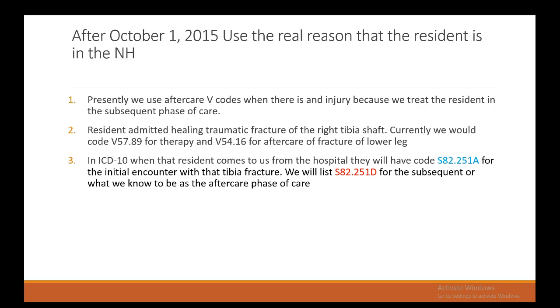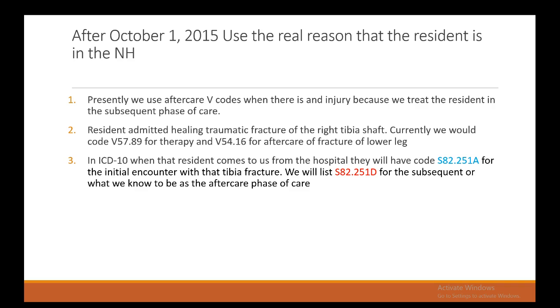Now, this is what we currently do, but when ICD-10 comes forth, the resident comes from the hospital, they will have a code listed. Their primary diagnosis will probably be like S82.25-1A for the initial encounter of that tibia fracture.